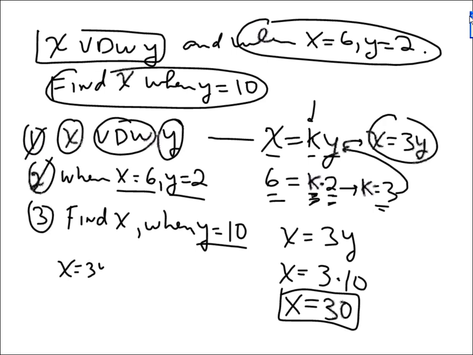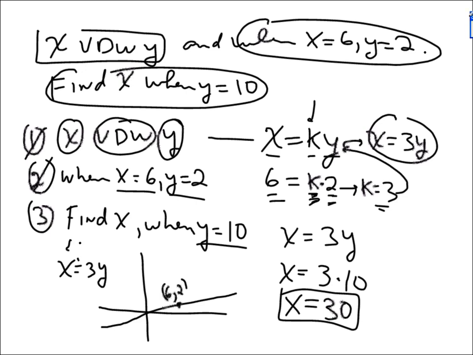X is equal to 3y is a line. It's a line that crosses the origin and has a slope of 3. Say y is 2. Well, then x is 3 times it.